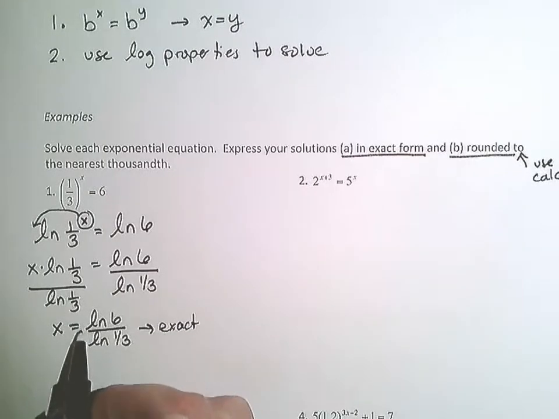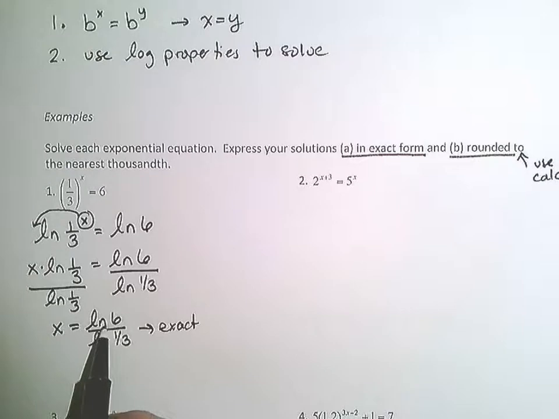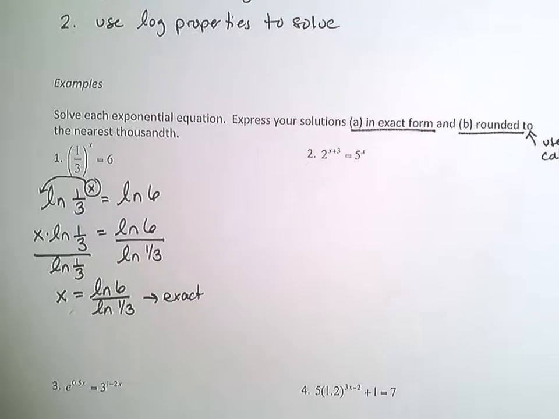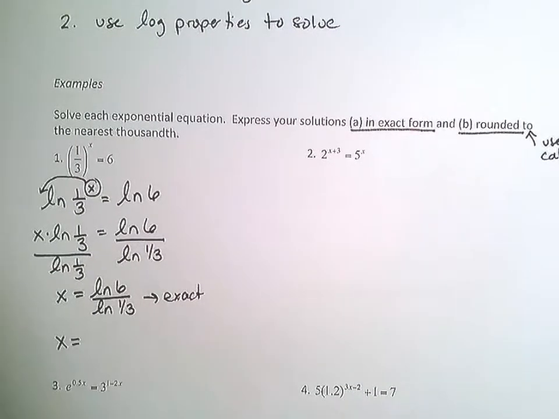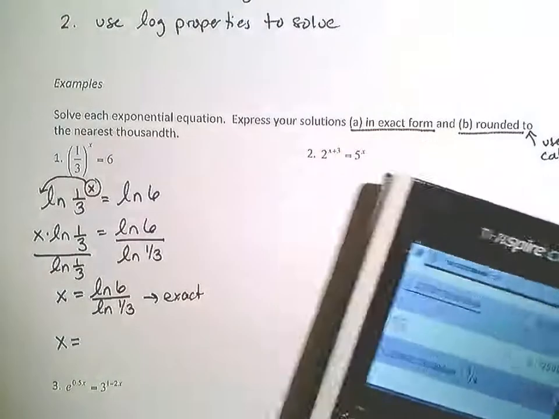Okay, this is not rounded, because remember, log base e, or ln of 6, is a number. We have to figure out what that number is. So now to find the approximate, I'm going to use my calculator.